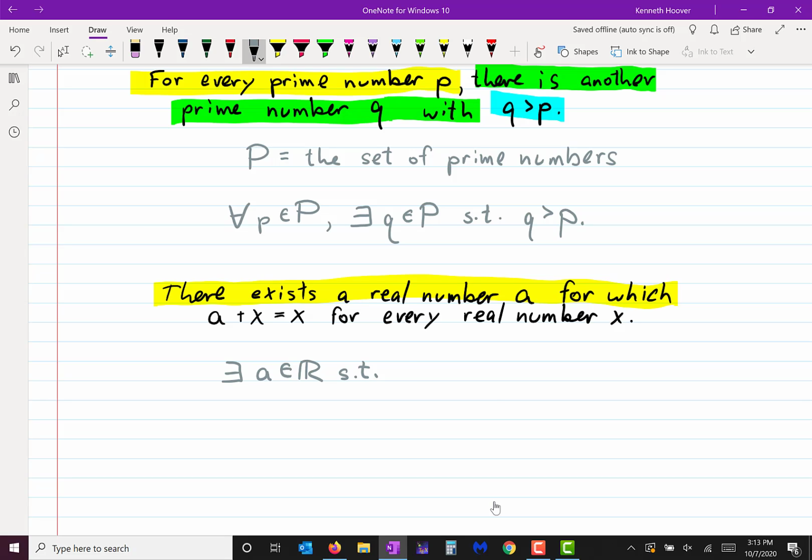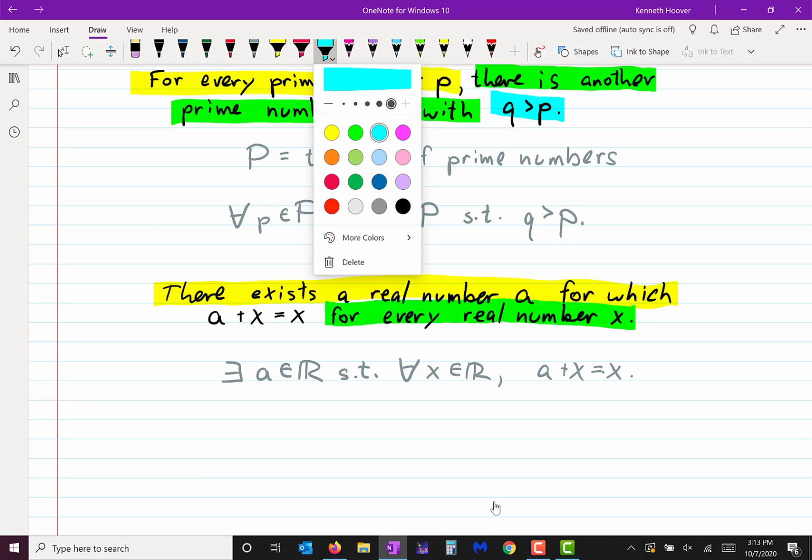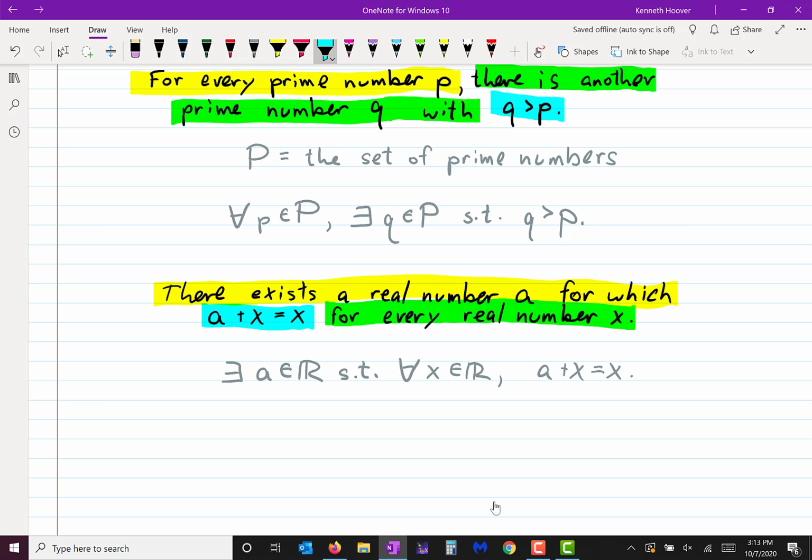For all x in the real numbers, that takes care of that, comma, a plus x equals x. And that takes care of that.